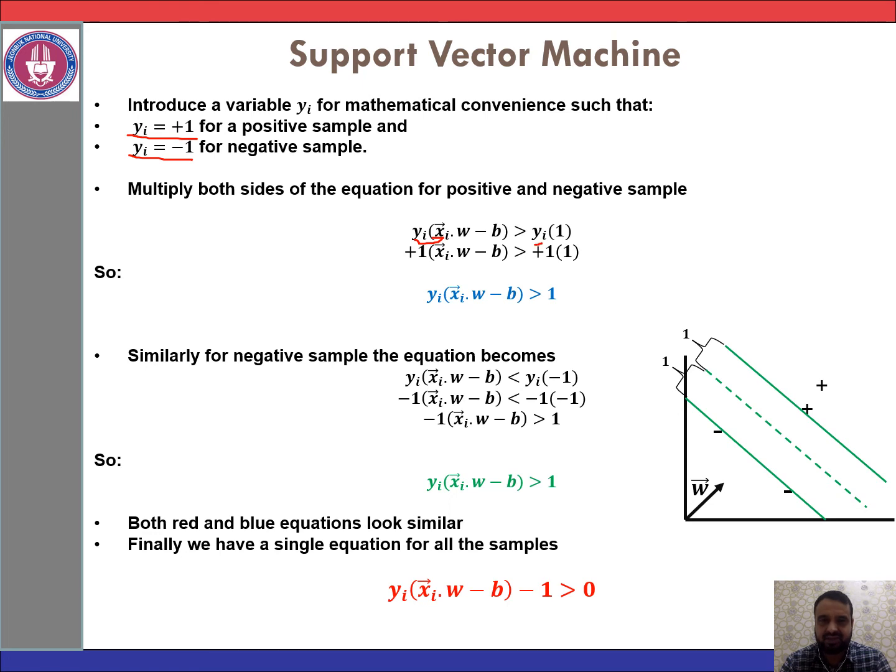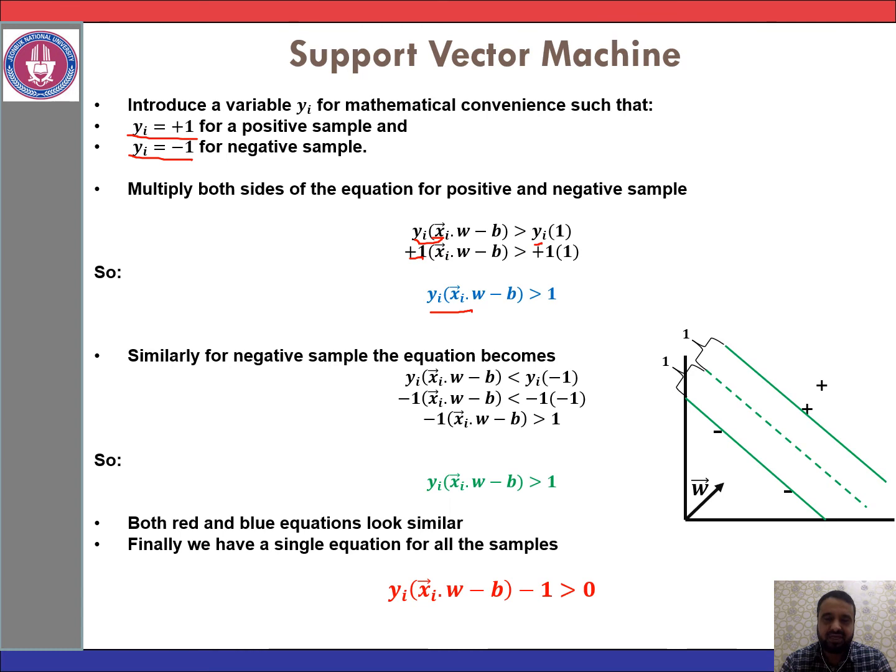As we know yi is equal to plus 1 for the positive sample, so we replace it with plus 1 here and here. When we multiply by plus 1, the equation doesn't change. So the final equation is yi multiplied by xi dot w minus b is greater than 1.